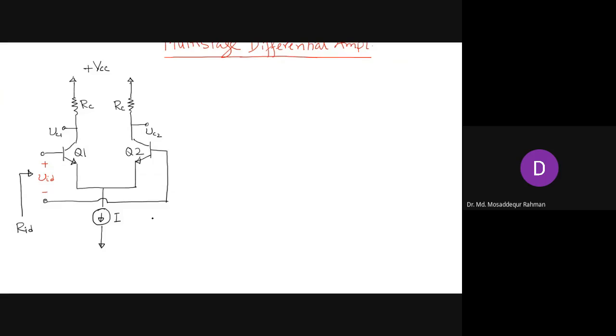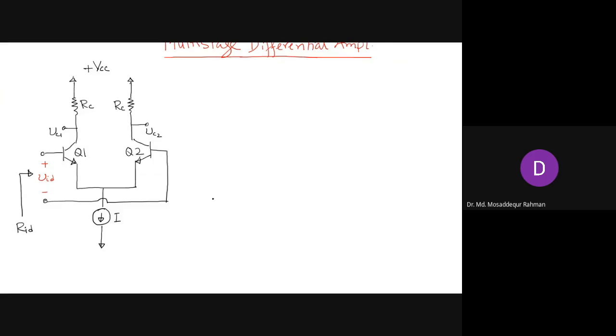So for multi-stage, first, why do we need multi-stage? Because, as we have discussed for our conventional single stage amplifiers, the common emitter, common collector, and common base, it is difficult to satisfy all the requirements of a good amplifier with a single stage amplifier.